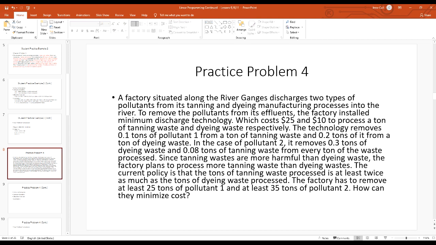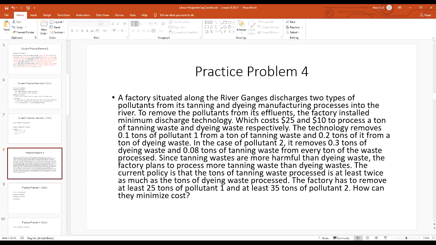The current policy is that the tons of tanning waste processed is at least twice as much as the tons of dyeing waste processed. The factory has to remove at least 25 tons of pollutant 1 and at least 35 tons of pollutant 2. How can they minimize cost?